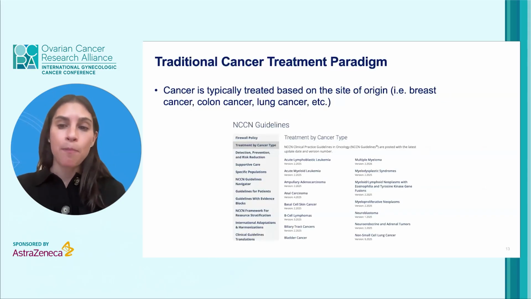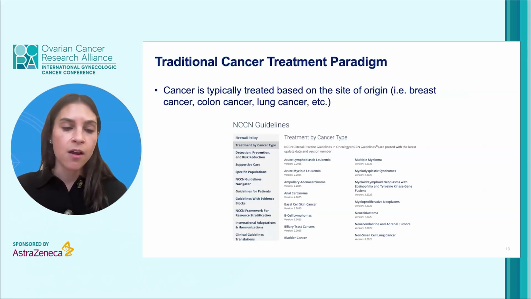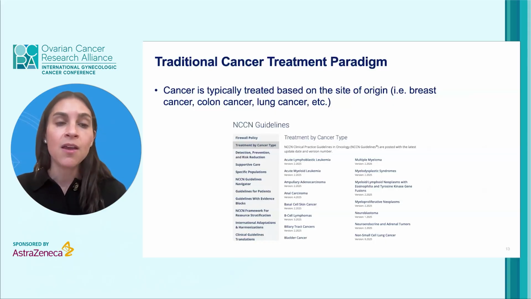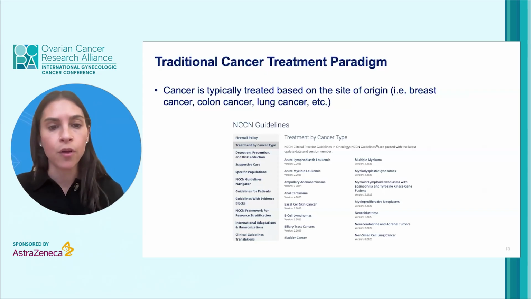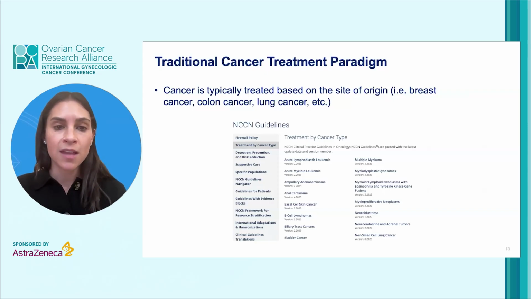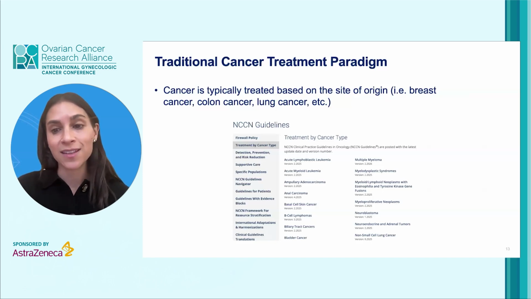But taking a step back in terms of the way that we approach cancer care in general. The traditional cancer treatment paradigm has been that cancer is typically treated based on the site of origin. Breast cancer, colon cancer, lung cancer, for example: you take the place where the cancer originated from, and treatments are generally targeted to that specific site.